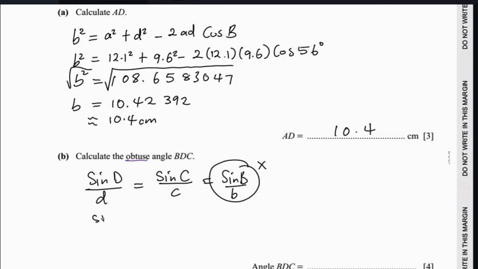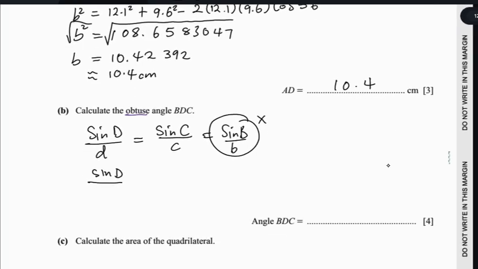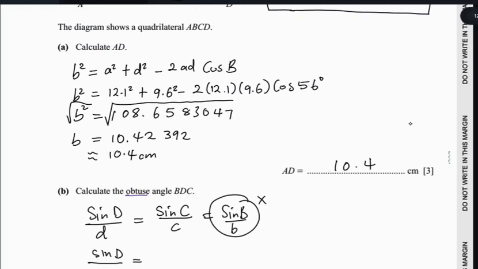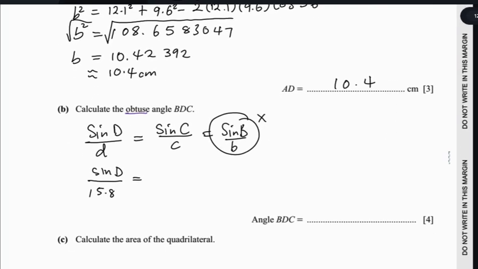So from here we have sine d over the side d, which is 15.8 centimeters. This is equal to sine c. The angle we're given is 47 and the side is 12.1. So that's sine 47 over 12.1.